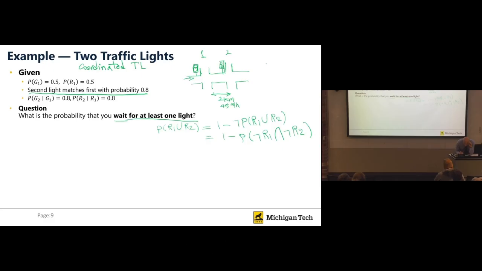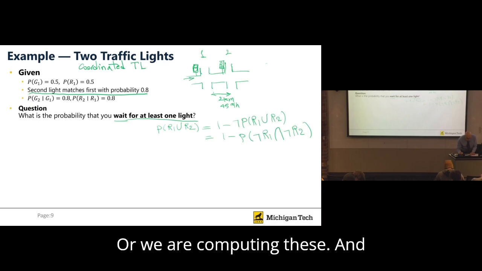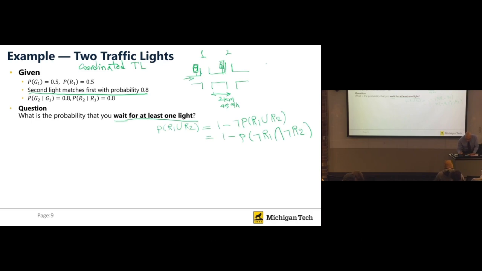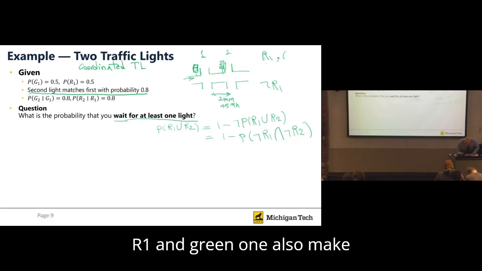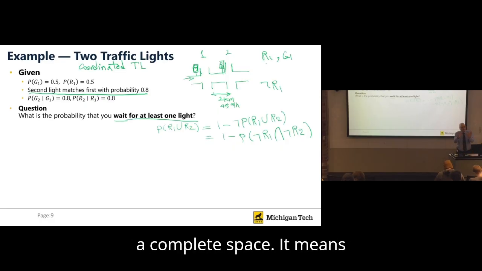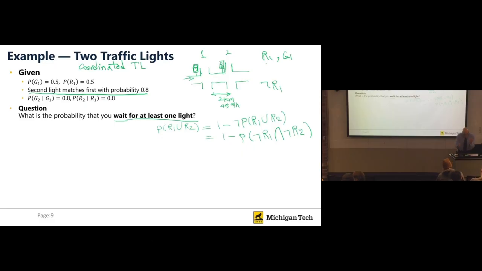Okay, instead of computing the or, we are computing these. And what about not R1? Because R1 and green one also make a complete space. It means if it's not R1, it is equal to green one.